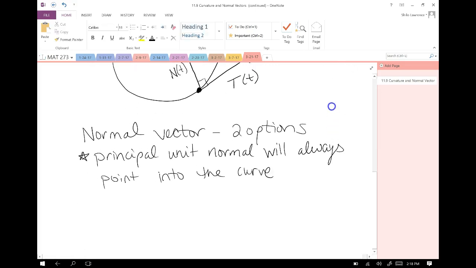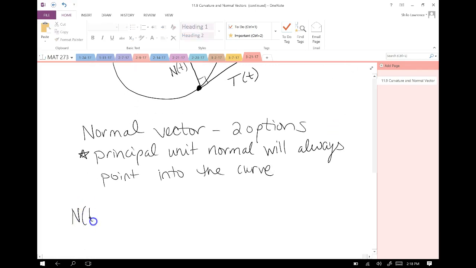Let me show you the formula. Our principal unit normal vector, N of t, is just T prime of t over the magnitude of T prime of t.